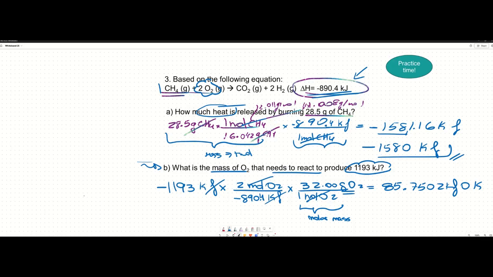I'm sorry, I have energy in my head. Since I have 4 significant figures here, and here, so you're going to have 4 significant figures: 85.75 grams of oxygen. That's it. That's all.